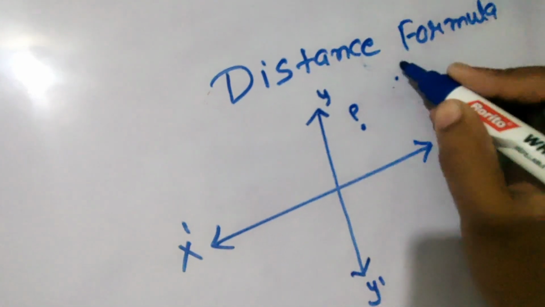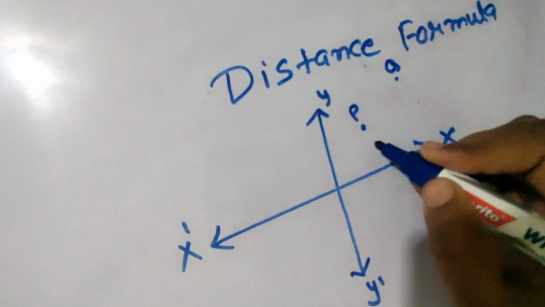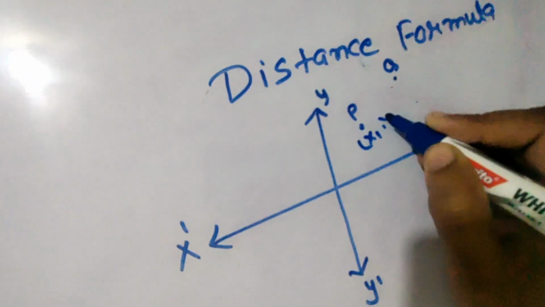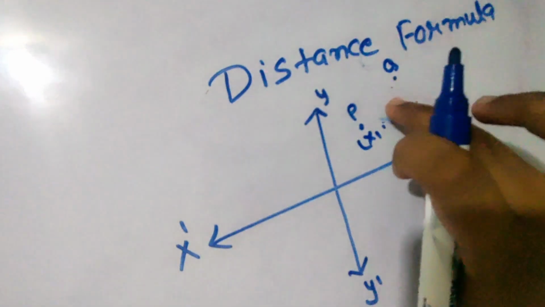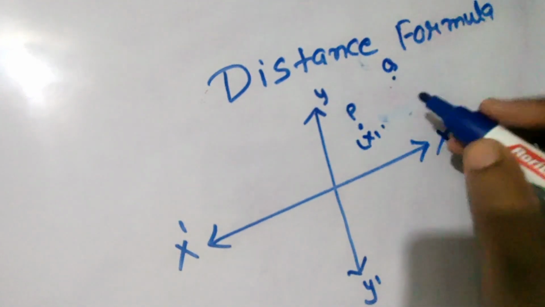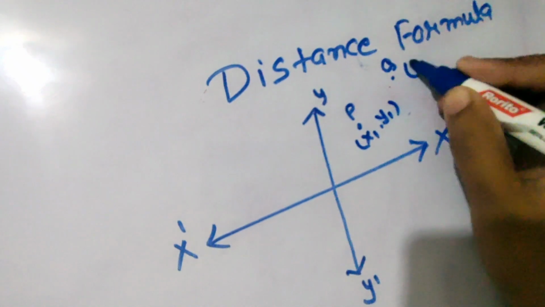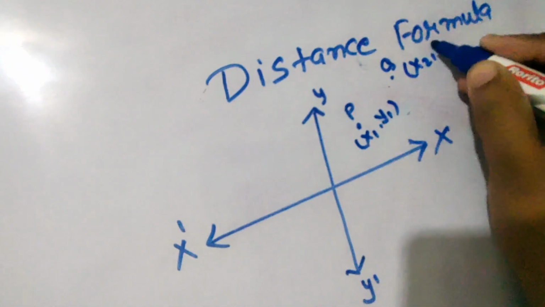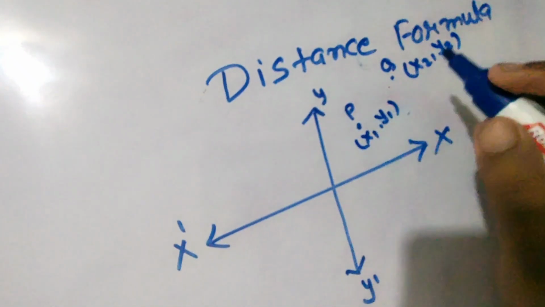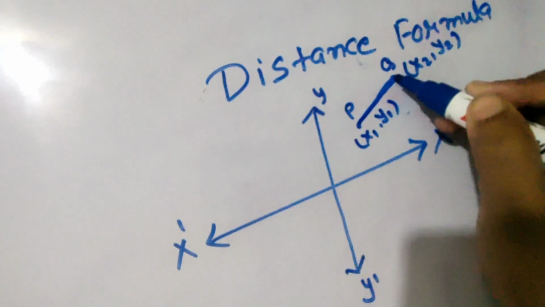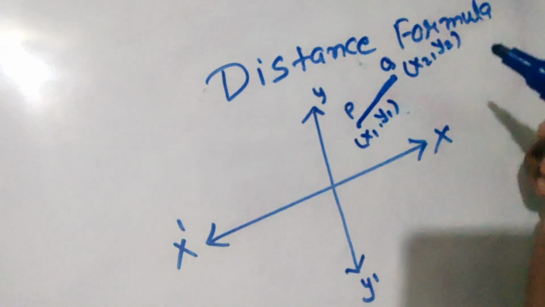Here give one point Q. Let point P be x1 coordinate and y1 coordinate, and Q be x2 coordinate and y2 coordinate. You find this distance. So this is PQ.